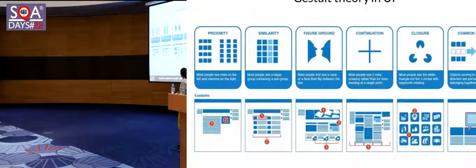The same thing is with other principles. In similarity, here's the idea of color, but in the example, we can see just a group of similarly ordered things. Maybe as we surf the internet, we are just accustomed to that. But you should remember, when developing software, it's not always obvious.